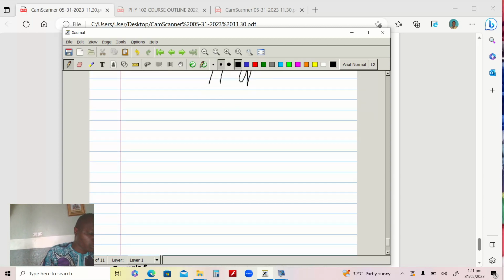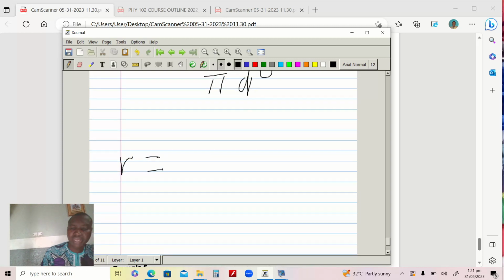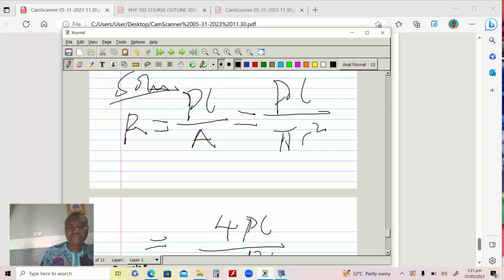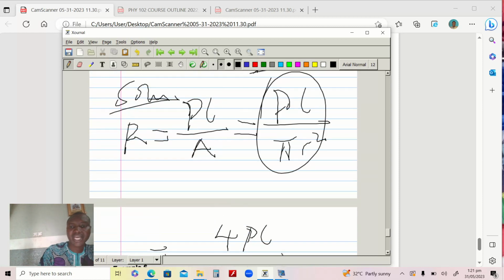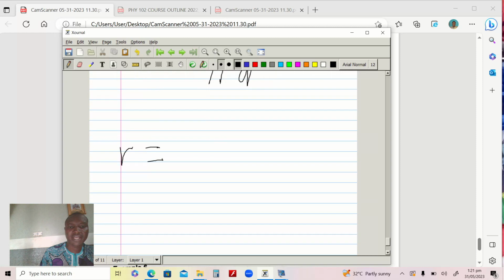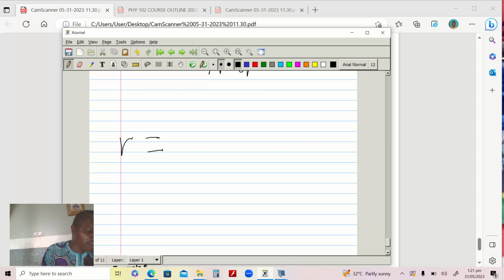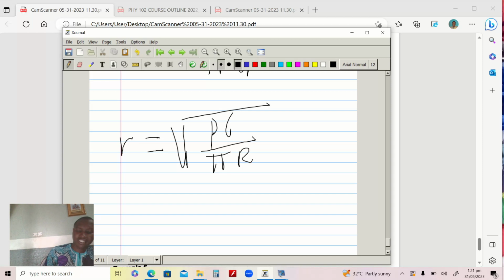But let's deal with R now. When you make r the subject of your formula, you have r equal to the square root of rho L divided by pi R. So try that yourself and see what you will get.